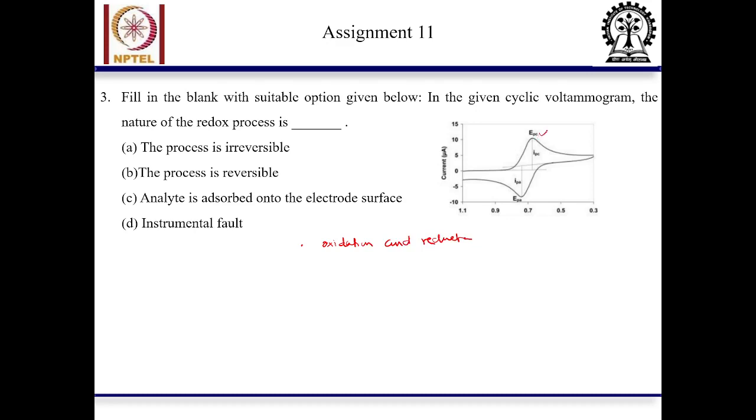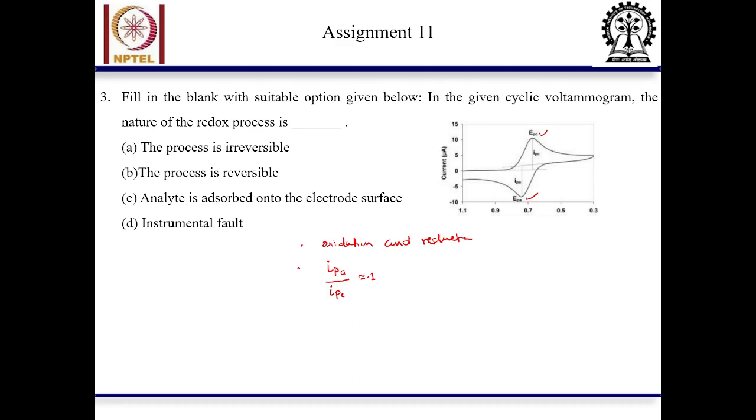So basically EPC, cathodic, and anodic, two peaks are there. Second, IPA, the anodic peak current, divided by IPC, the cathodic peak current, should be close to 1. That is the second criterion.